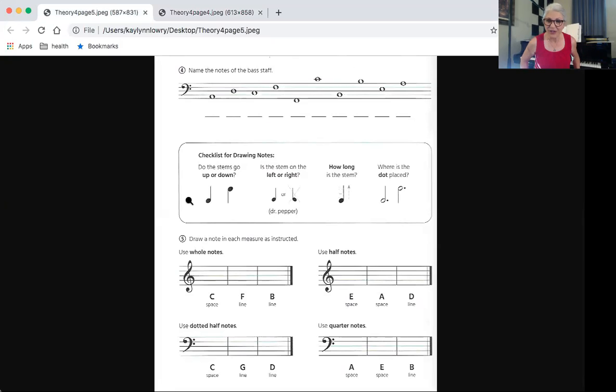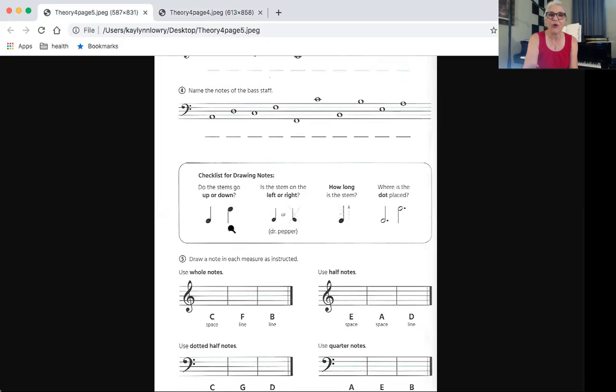All right, now that you've done number 3 and number 4, let's take a look at the checklist for drawing notes. It says, do the stems go up or down? Well, we need to know that. So one of the big rules in music writing is that if a note is on the 3rd line from the bottom, in other words, the middle line, the stem could go either way, up or down.